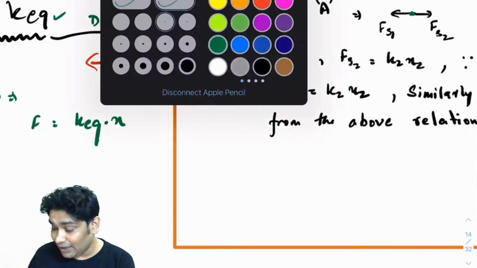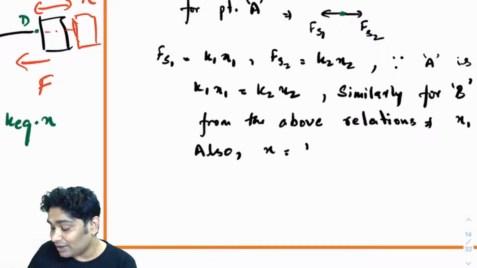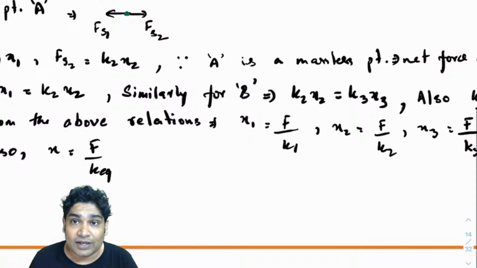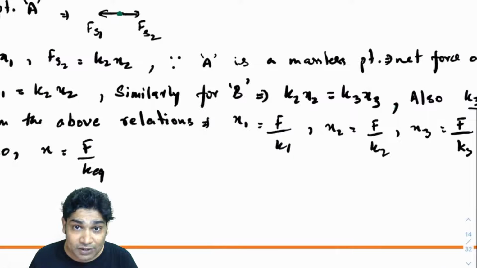So from here I also know X is equal to F over K equivalent. So I got the expression for x1, x2, x3, and x.